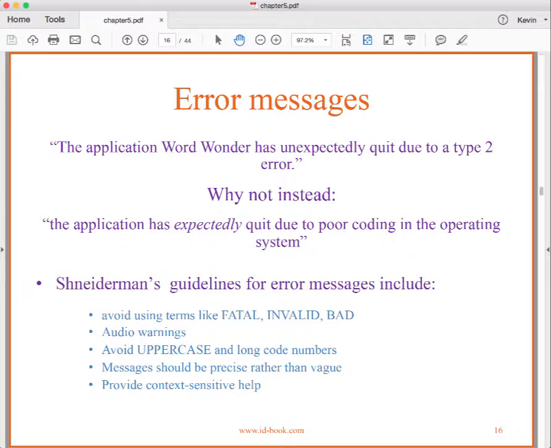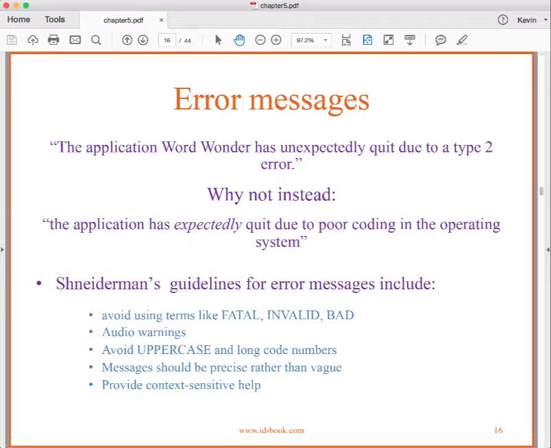Shneiderman, really one of the fathers of human-computer interaction work in the information science field, says we ought to do things like this. Avoid using terms like fatal, invalid, or bad.